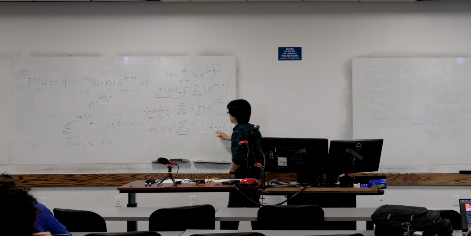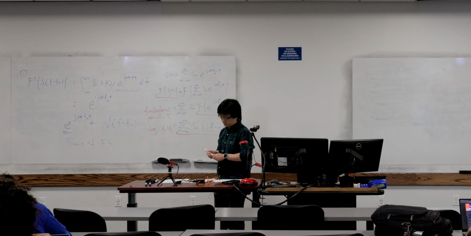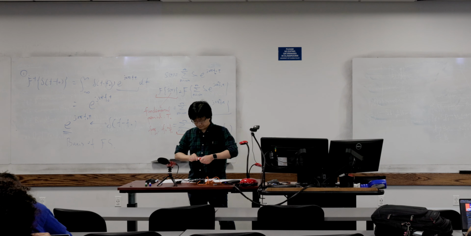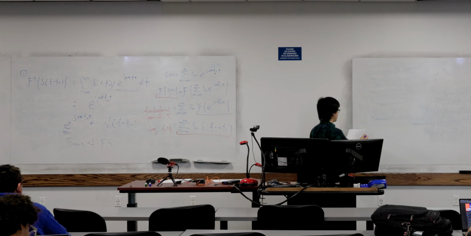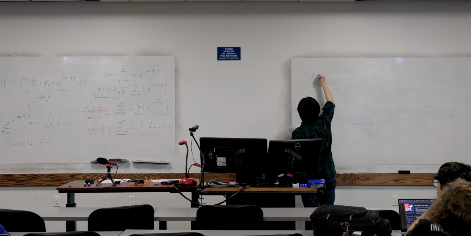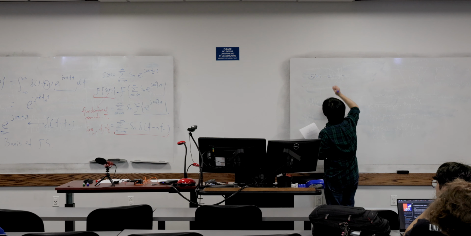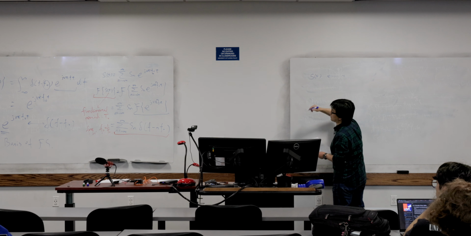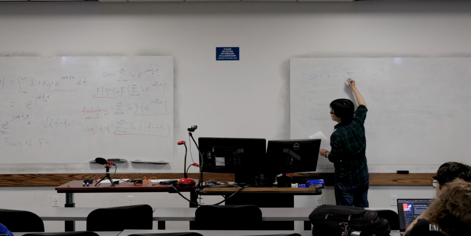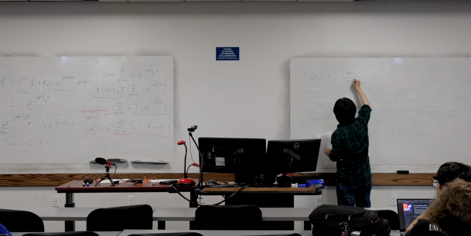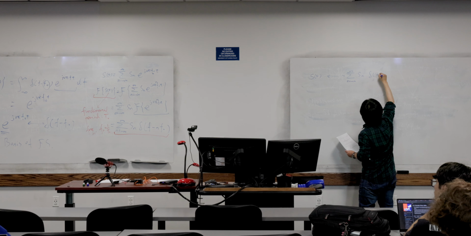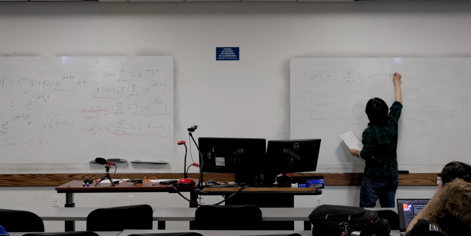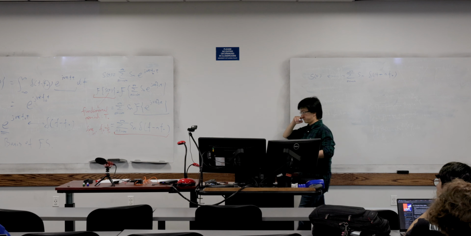So this is its Fourier transform. Let's write it down carefully. Our s(t) has its Fourier transform equal to this. That is a Fourier transform pair.